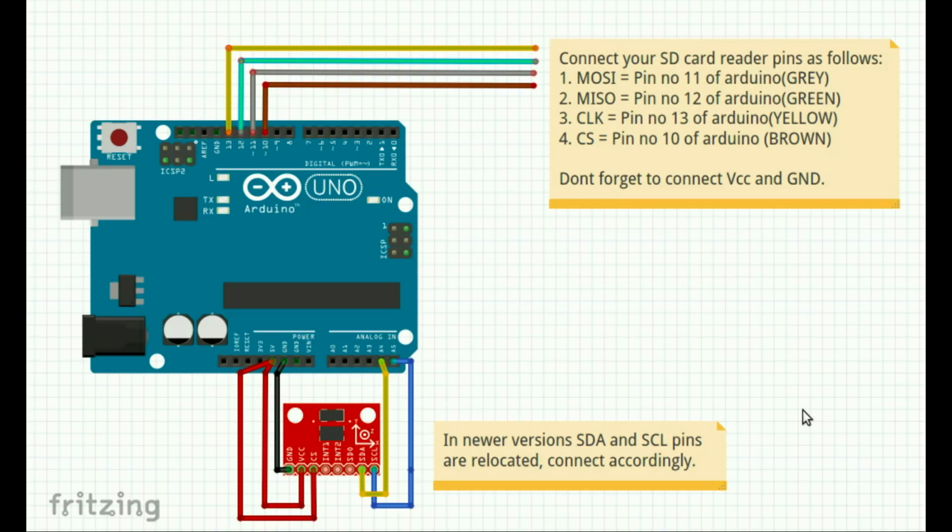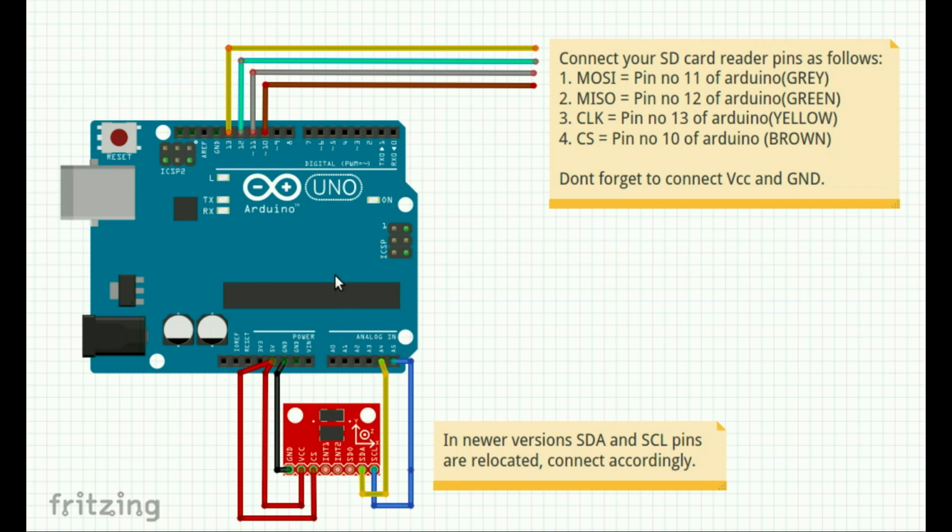Okay, so now let's put our hardware together, and this is the way we'll be connecting our stuff. As you can see in this Fritzing schematic, this is the Arduino board. You can use Diecimila or Uno, whichever version you have. Then this is our accelerometer breakout board. Now SDA will go to pin number 4 of Diecimila and Uno.